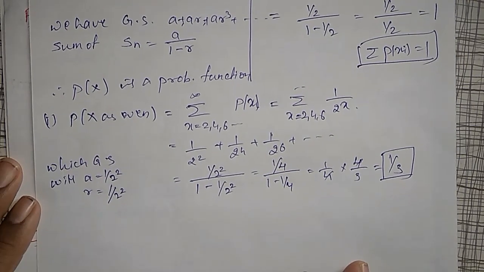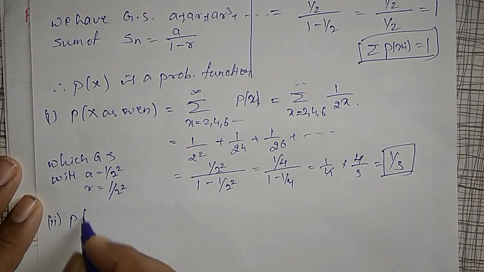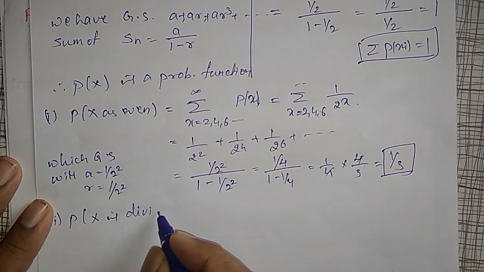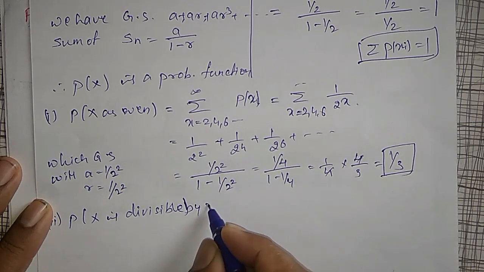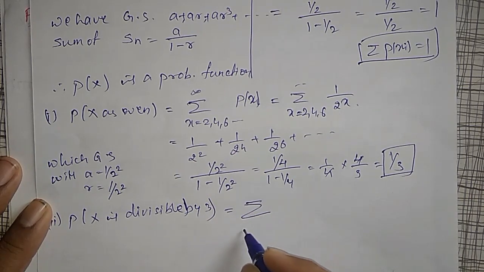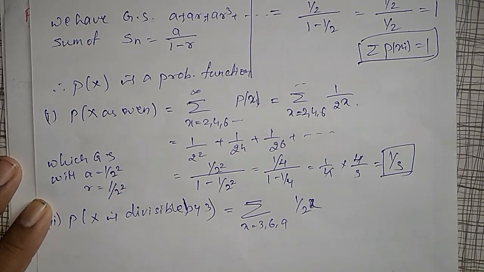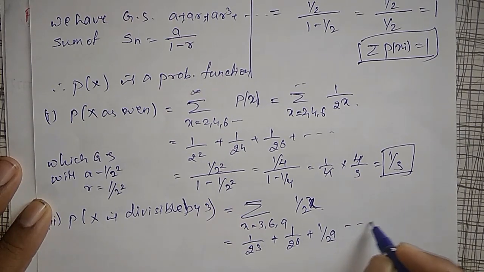Like that, the second one: probability of x divisible by 3 is the summation for x equal to 3, 6, 9 and so on of 1 by 2 raised to x, which is equal to 1 by 2 cube plus 1 by 2 raised to 6 plus 1 by 2 raised to 9 and so on.